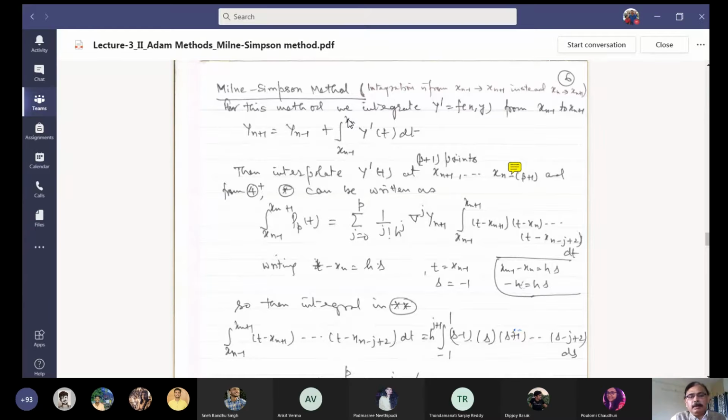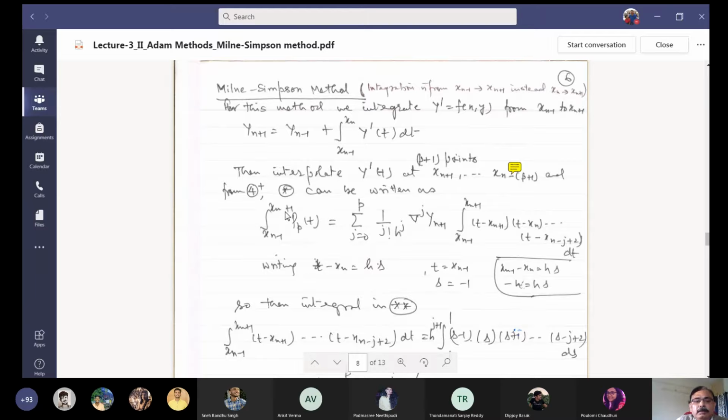Right? Now exactly the same process will follow: y prime we interpolate at these points using Newton's backward formula, putting the points from xn plus 1 on the backward side to xn minus p, inside the bracket p minus 1. This is what is done. It should be xn plus 1 rather than xn.